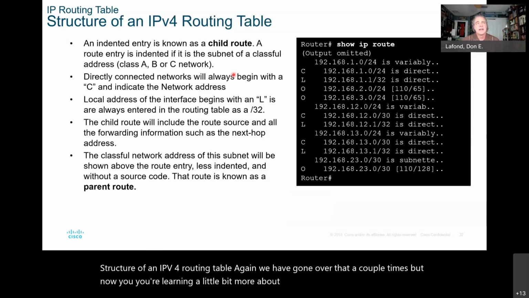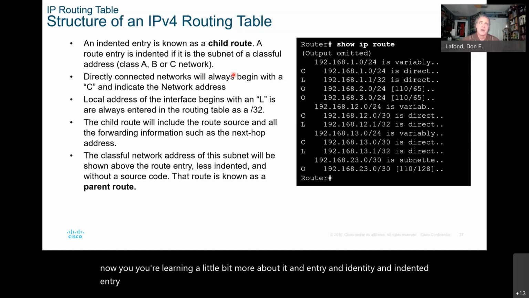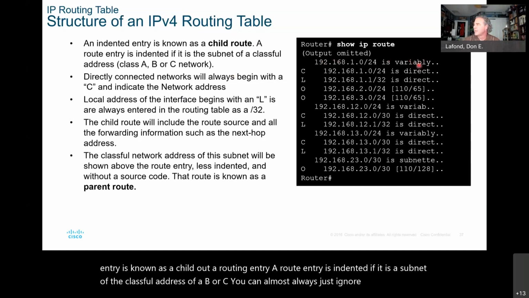An indented entry is known as a child route. A route entry is indented if it is a subnet of the classful address of A, B, or C. You can almost always just ignore this line right here.